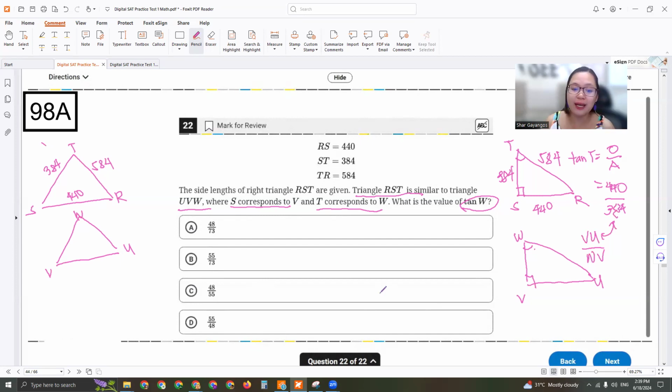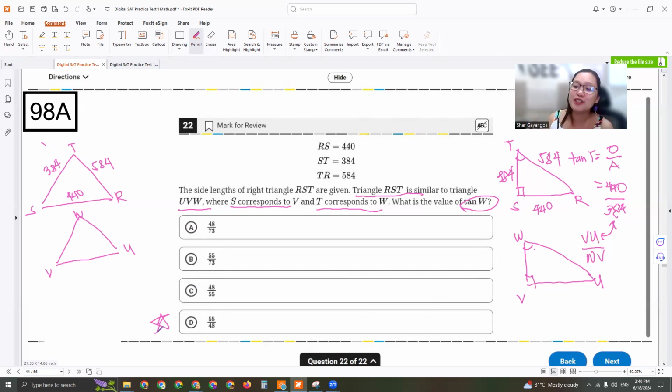And we can just go ahead and simplify these values with our calculator, and this should give us D. If you have a scientific calculator, all you have to do is just key in 440 divided by 384, and then just get the simplified value, and that is 55 over 48.